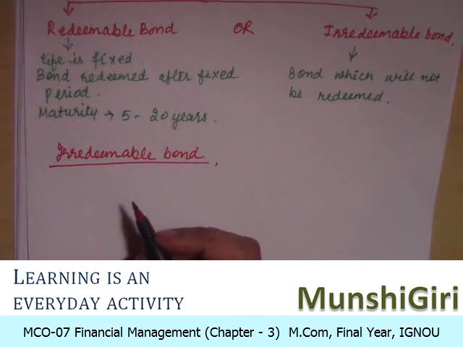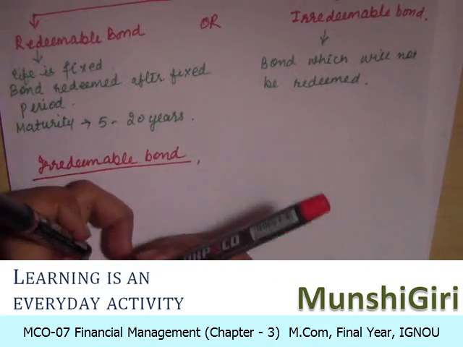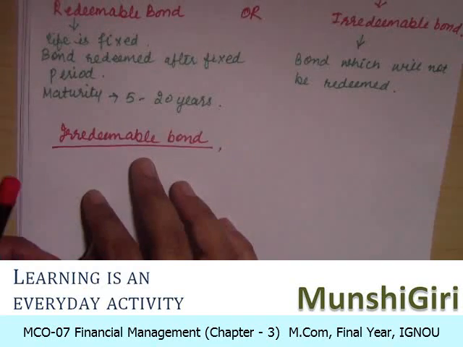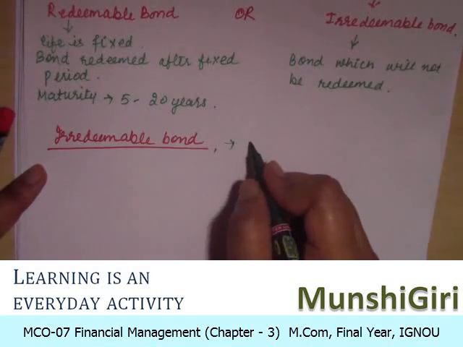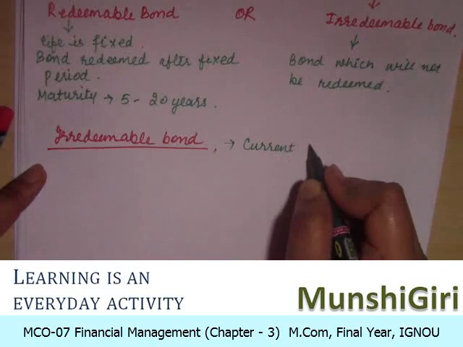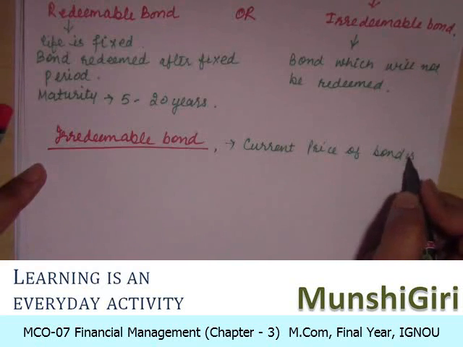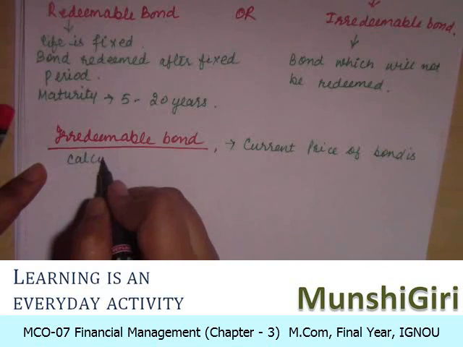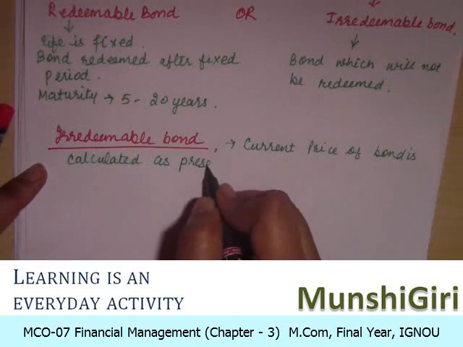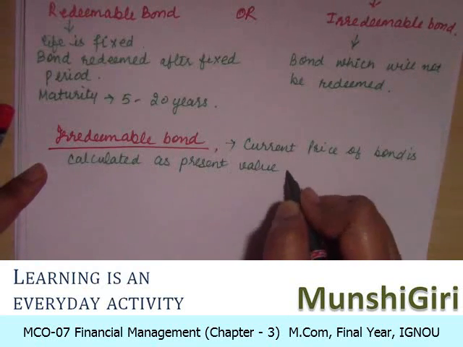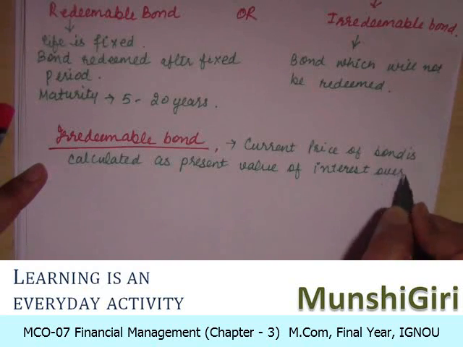In case of irredeemable bond, the current price of bond is calculated as present value of interest over the infinite period.